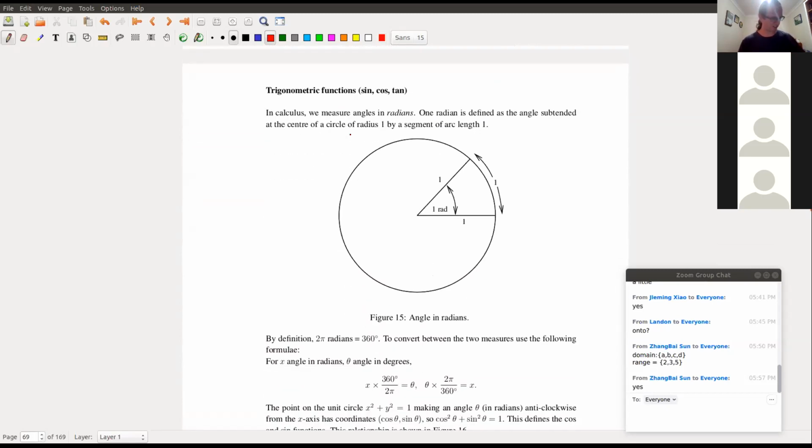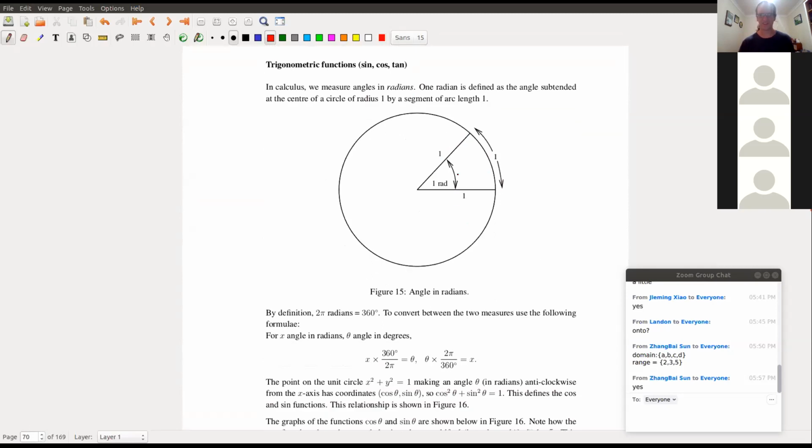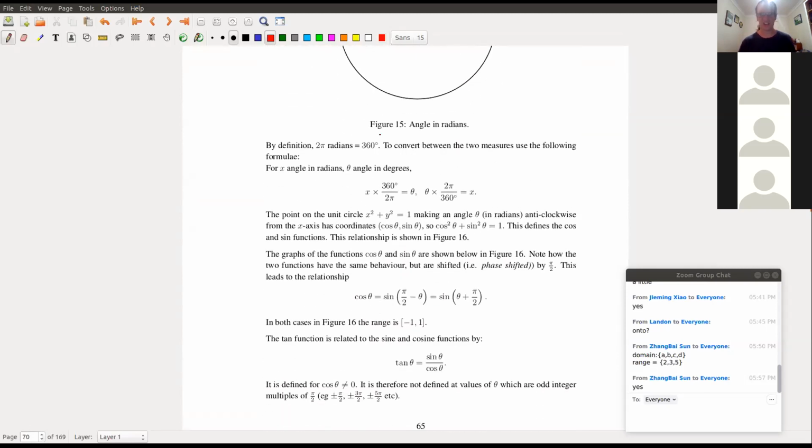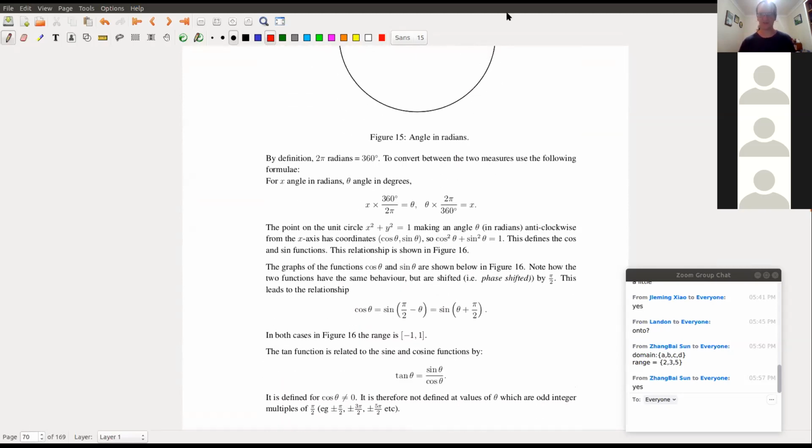Trigonometric functions. We'll get through this. There's so much you can say about this, and I probably won't have time to talk about it deeply. But when we talked about complex numbers, you can represent complex numbers as sines and cosines.